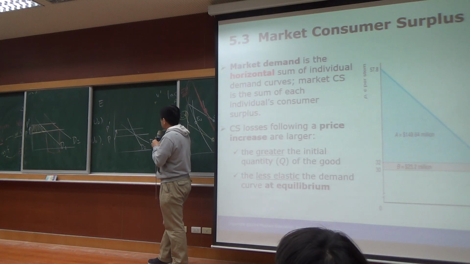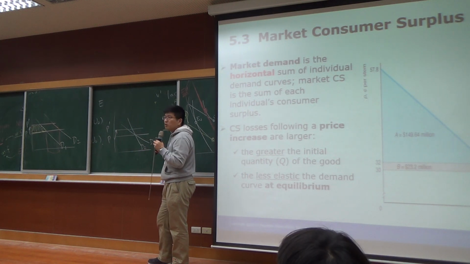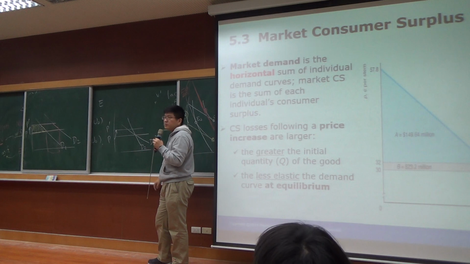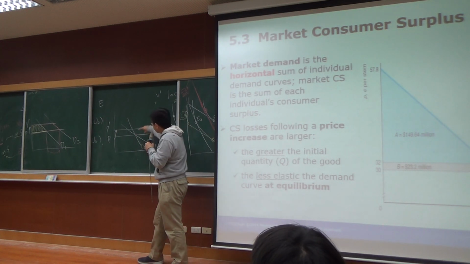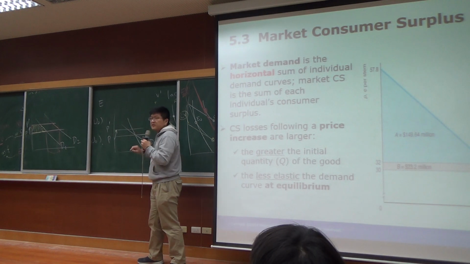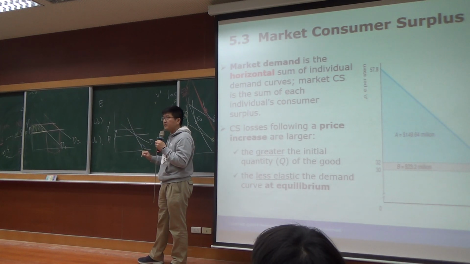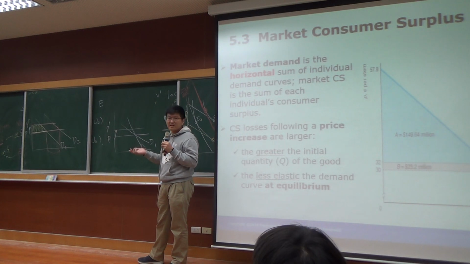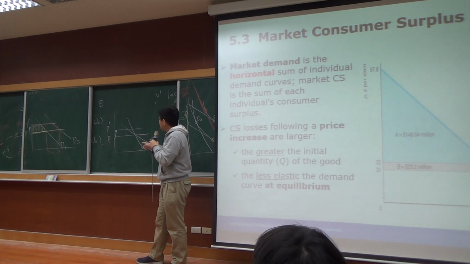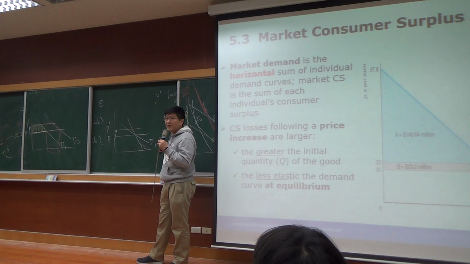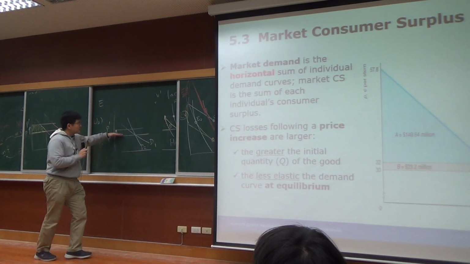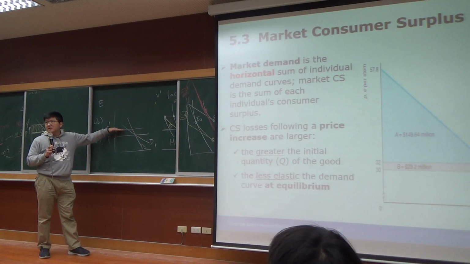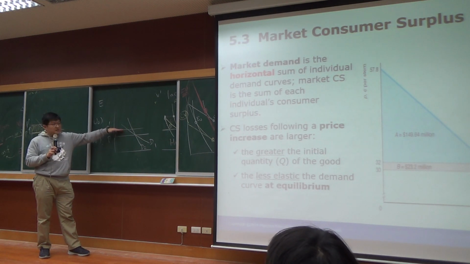Which one do you think would be more elastic, D1 or D2? D1 is more elastic, right? D2 is less elastic. Is that clear for you? D1 is more elastic and D2 is less elastic with the same size of price increase.